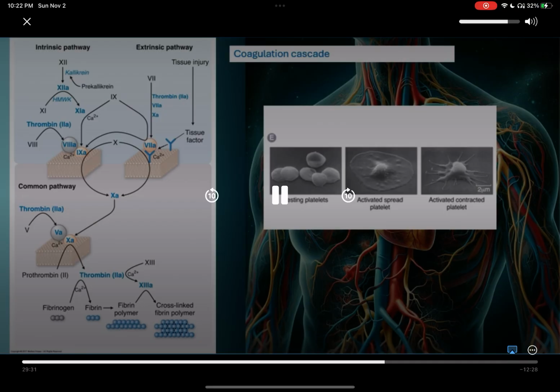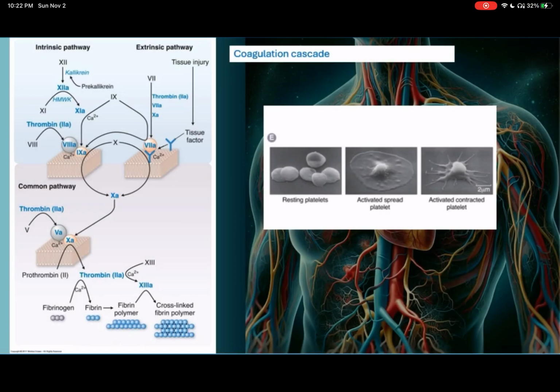The division is a result of in vitro testing and is essentially arbitrary. The intrinsic pathway is activated in vitro by factor 12, which is also called Hagemann factor, while the extrinsic pathway is initiated in vivo by tissue factor, activated endothelial cells, subendothelial smooth muscle cells, and subendothelial fibroblasts at the site of vascular injury. Although these two pathways converge at the activation of factor X, which is over here, okay, there is also much interconnection between the two pathways, and you can spot them. Because factor 7, activated by the extrinsic pathway, can proteolytically activate factor 9, a key factor in the intrinsic pathway.